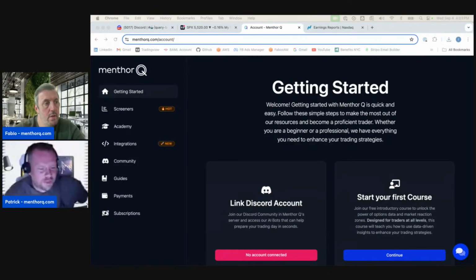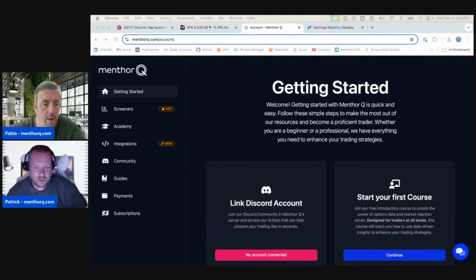We also have the tool here on Mentor Q, and it's fantastic that we can present some data. But I think it's also really important to show them how they can read the information. What is the meaning? And this is something I think we can now take a deep dive into. Let's go.